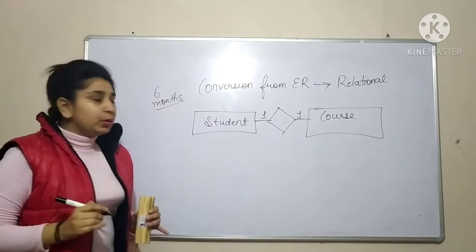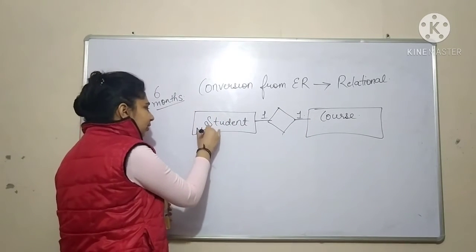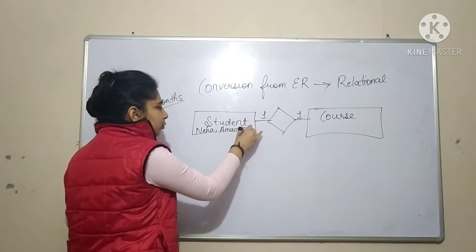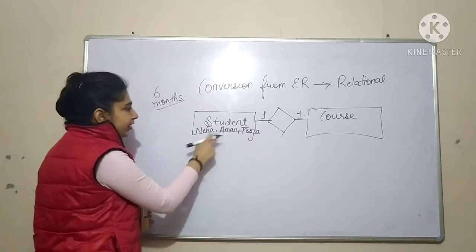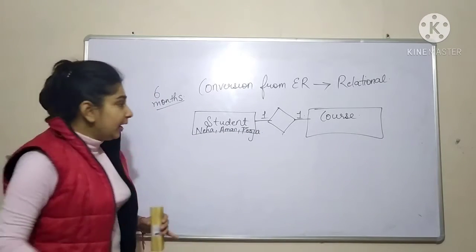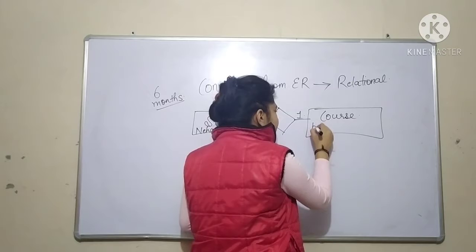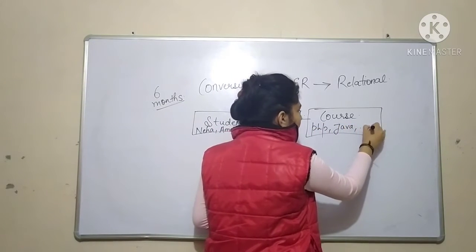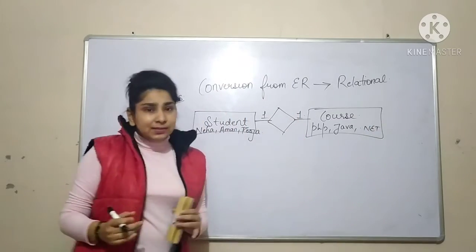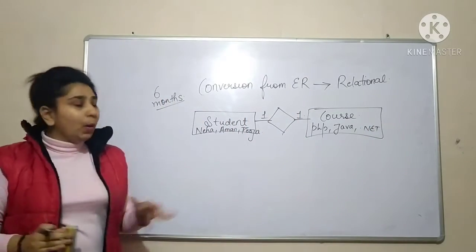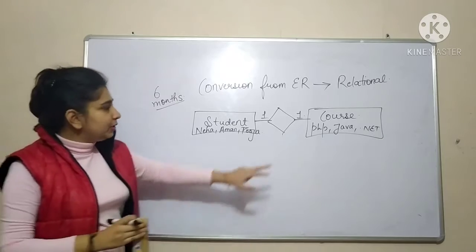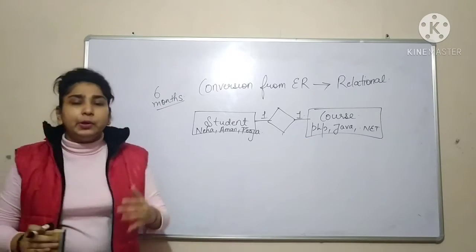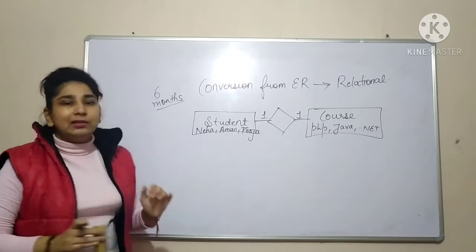Let's suppose we have students Neha, Aman and Pooja. These three students are there, and we have courses, let's suppose PHP, Java and .NET. In the 6 months industrial training, one student is going to learn only one course. I already told you that it really depends upon the requirement.